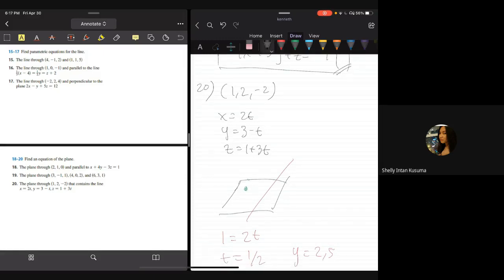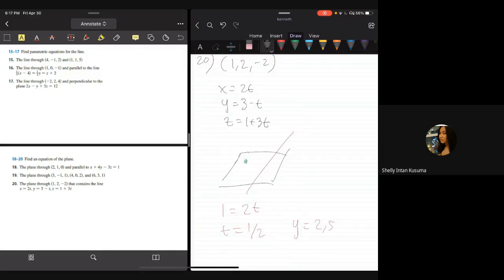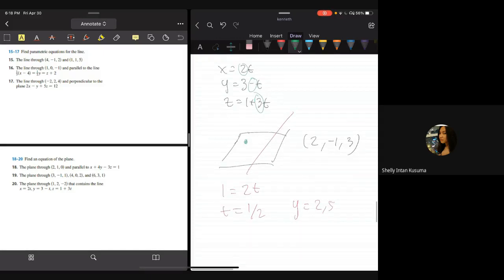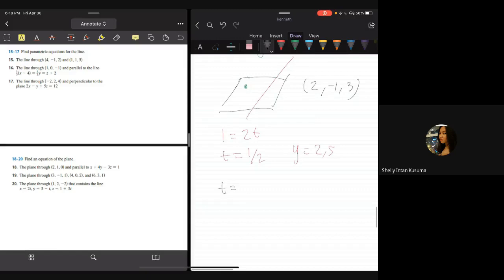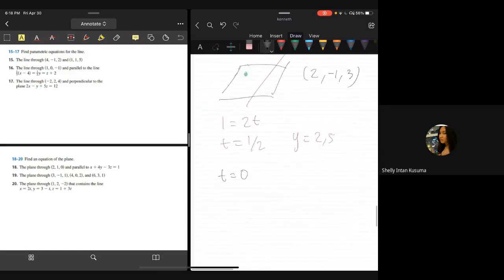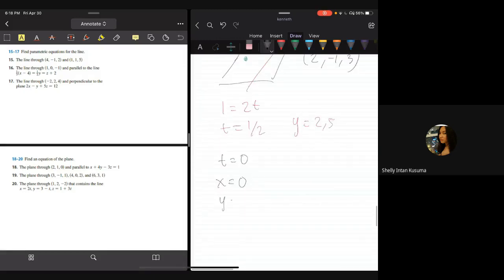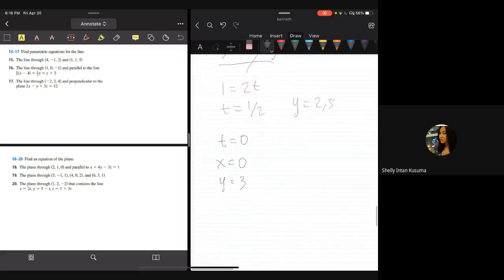So from this line, we can get our first vector, right? This one has the direction vector of just 2, -1, and 3 from this one. And we can just use another point on the line and use that to get another vector. So for example, if t is equal to 0, then x is equal to 0, y equal to 3, and z is equal to 1.